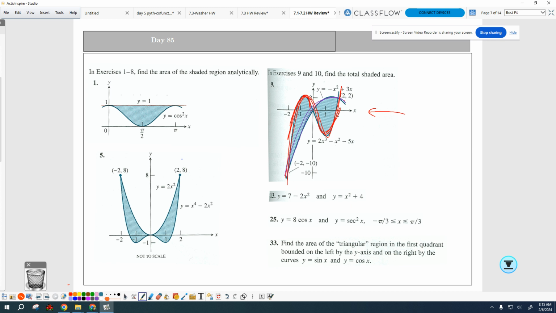I don't know, do you guys feel good with tomorrow? Do we have to know the trig identities? You need to know the Pythagorean identity, like 1 minus cosine squared is sine squared, sine squared plus cosine squared equals 1.